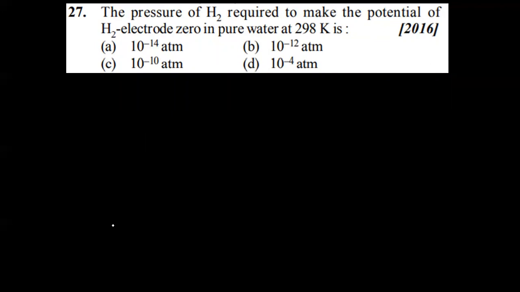27. The pressure of H2 required to make the potential of hydrogen electrode zero in pure water at 298 Kelvin is.